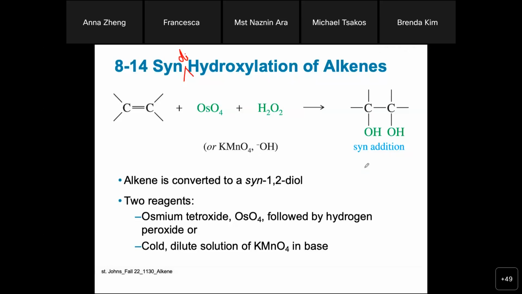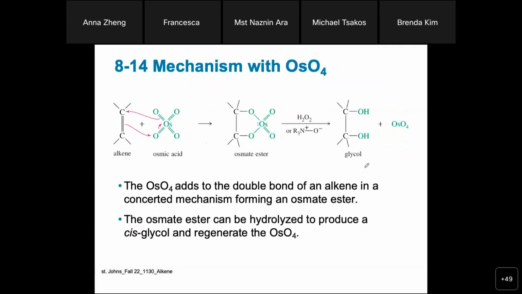Now let's see a little of the mechanism. What happened here? If we look at the reaction, we can see the osmium is bonded with four oxygens. The pi bond breaks and tries to make bonds with these oxygens at these two positions, and initially they form the osmate ester.